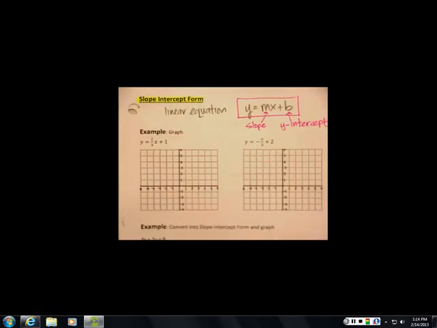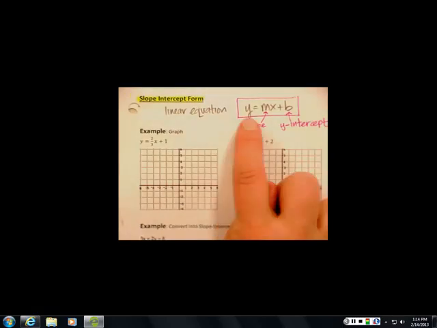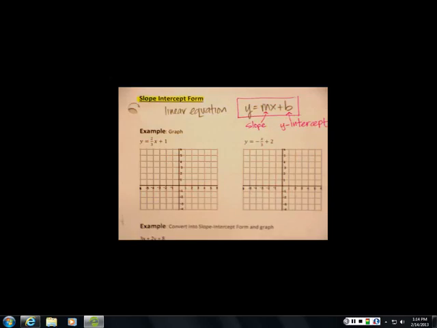What's nice about slope-intercept form is if you have an equation where it has been solved for y and it's set up like this, you can look at the equation and immediately know what the slope of your line is and what the y-intercept of your line is.